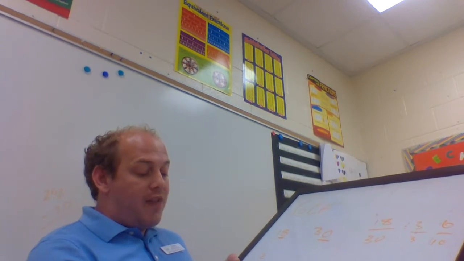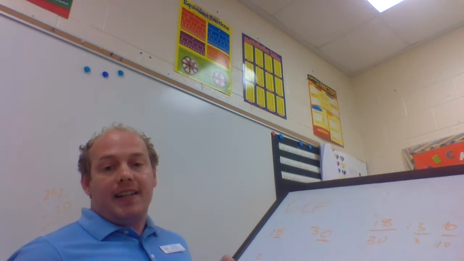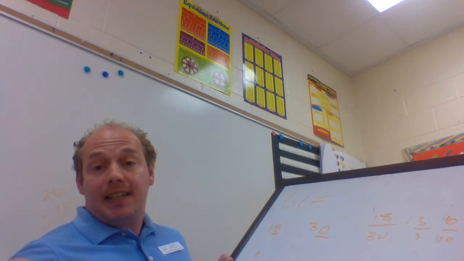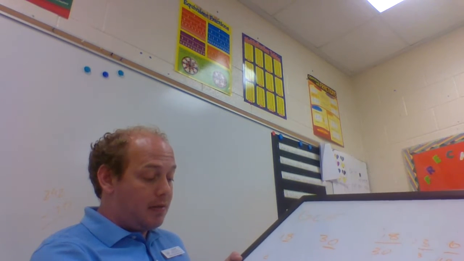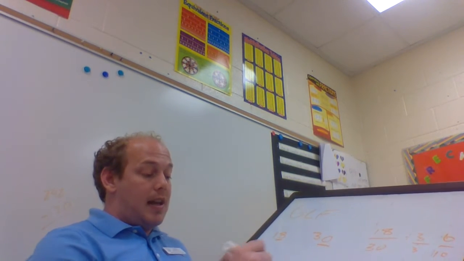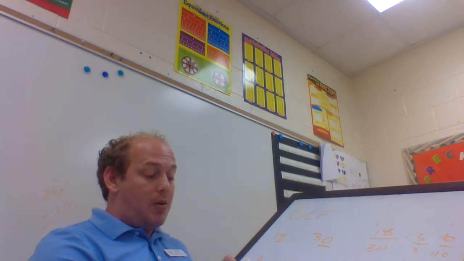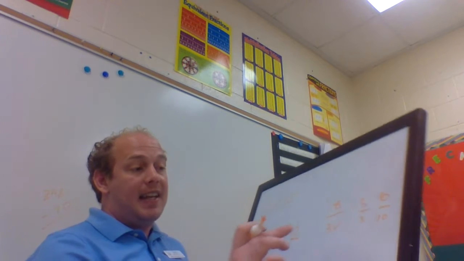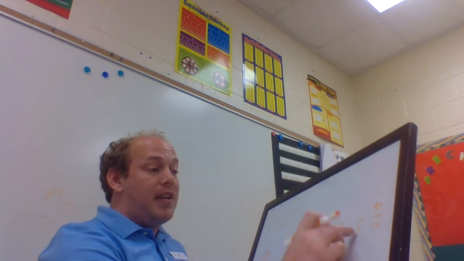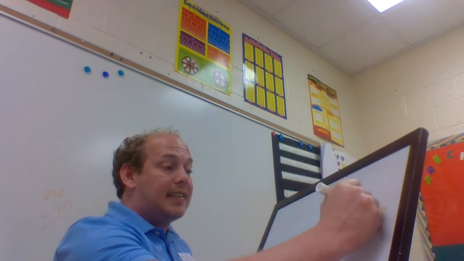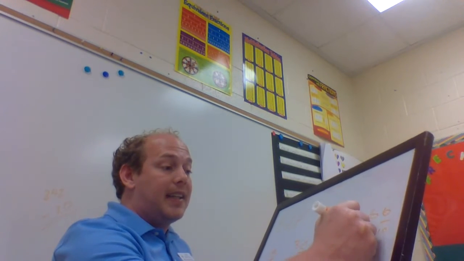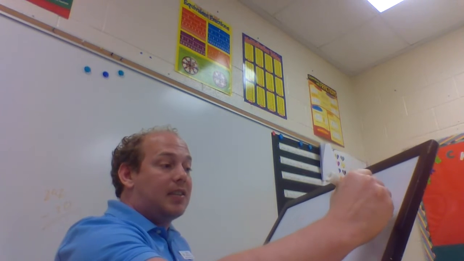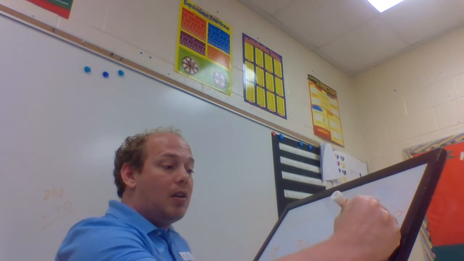So, 5 times what equals 30? 5 times 6 equals 30. And see, here we go. Our greatest common factor is 6. So if we divide 18 by 6 and we divide 30 by 6, we're going to get the simplest answer, which is 3 over 5.